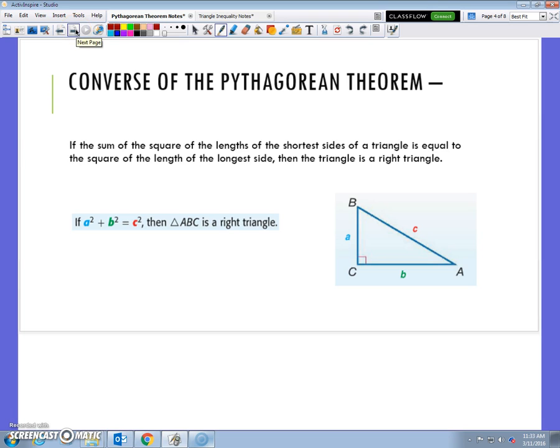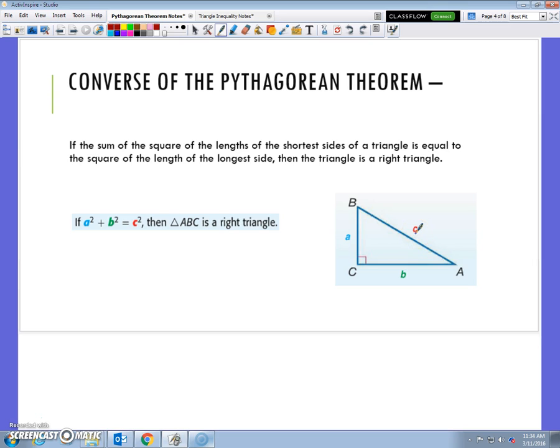And so now, instead of just the Pythagorean theorem itself, let's talk about the converse of the Pythagorean theorem. It says that if the sum of the squares of the lengths of the shorter sides of a triangle is equal to the square of the longest side, then the triangle is a right triangle. This we know because if a squared plus b squared equals c squared, it is a right triangle.